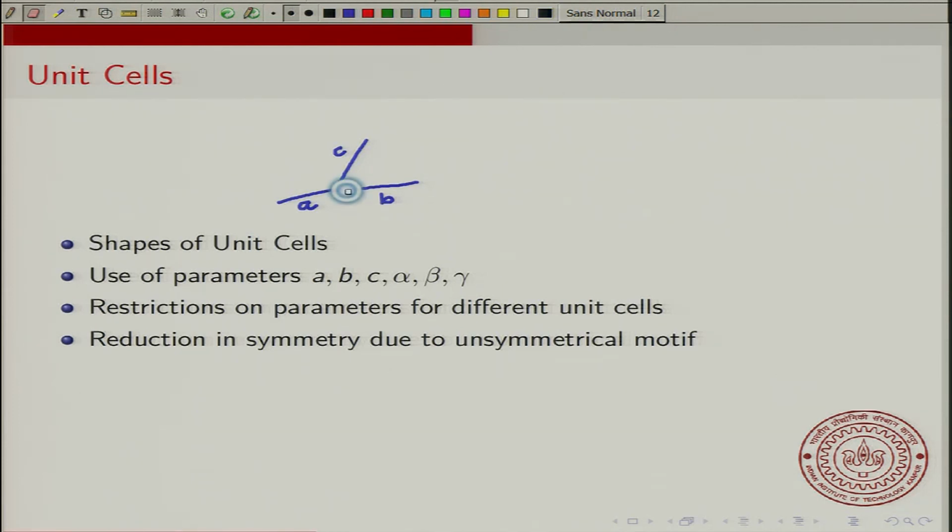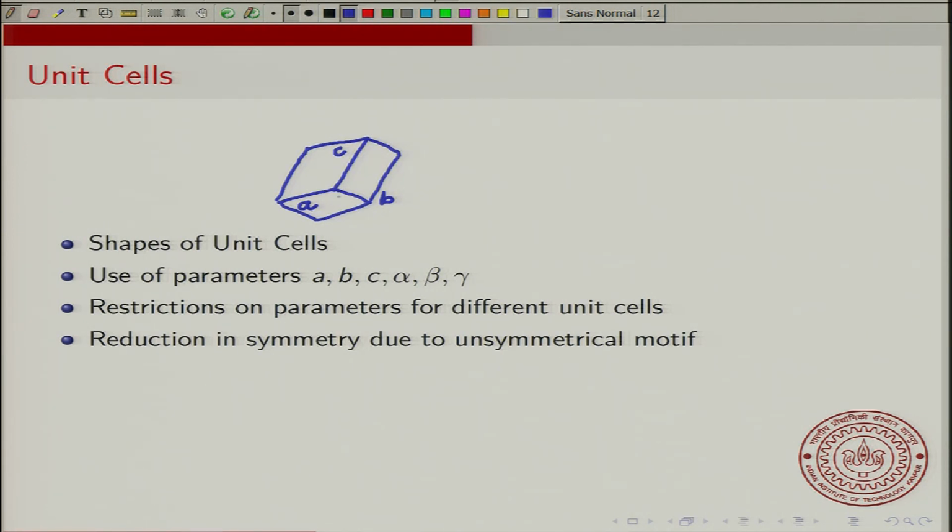You can make a parallelepiped using these three segments, and you can generate the unit cell. We showed that this is a very convenient way to look at unit cells in terms of A, B, C, and there are different angles that we defined.